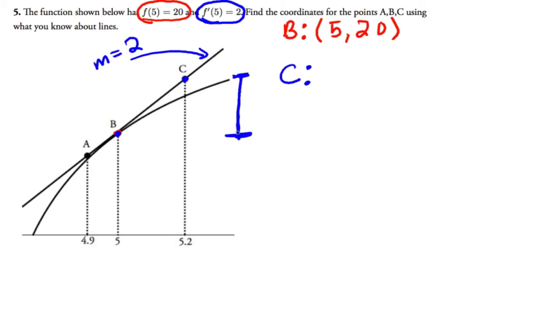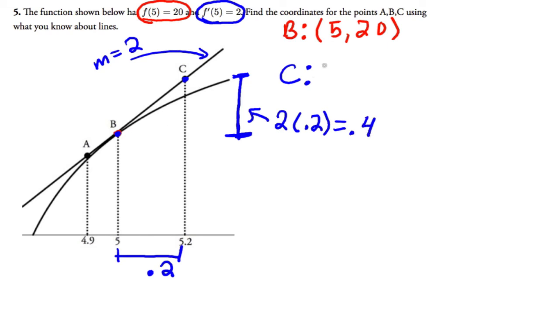So how do we find that value? Well, we know that from here to here is 0.2, and we know the slope of that line is 2. So then the rise is simply the slope 2 times 0.2, which is equal to 0.4.